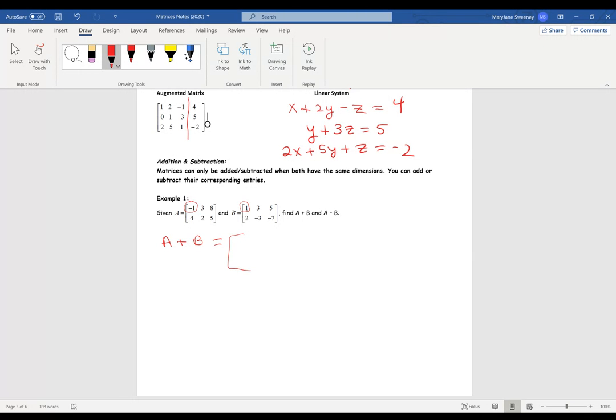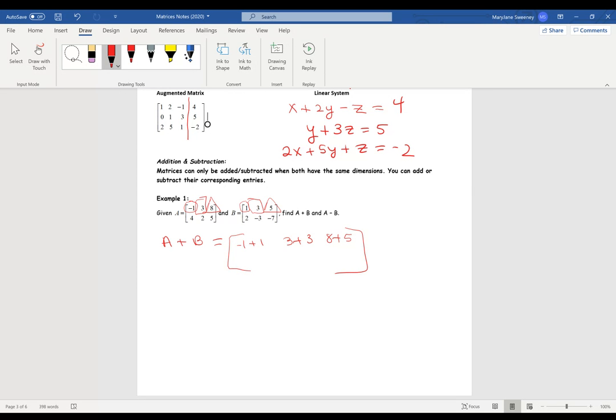For the sake of your notes, I'm going to show the work here. I'd be doing negative 1 plus 1. Then I would take row 1, column 2 with row 1, column 2, 3 plus 3. And then row 1, column 3 with row 1, column 3, 8 plus 5, and it goes in the same position.